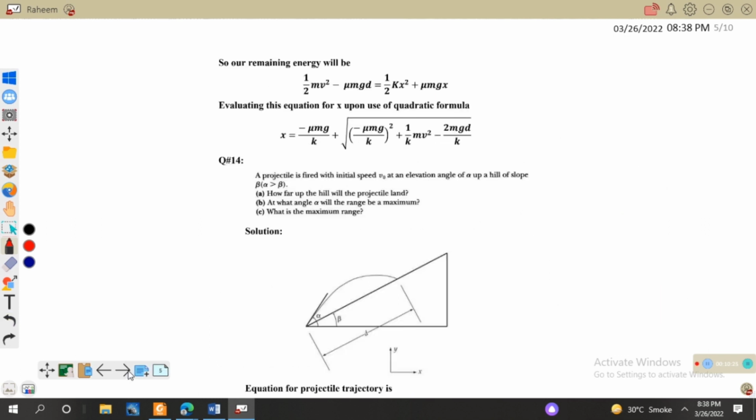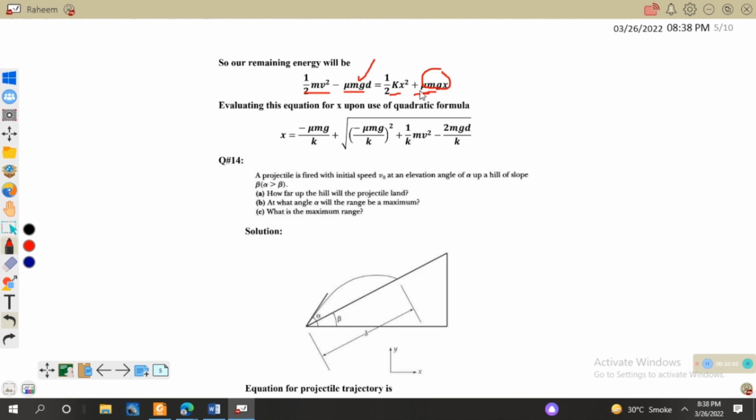So if we equate these equations, 1 by 2 mv square is the total energy minus mu mgd, the work done to overcome the frictional force, is equal to 1 by 2 kx square plus mu mgx, because during compression of the spring some energy will also be lost to friction.